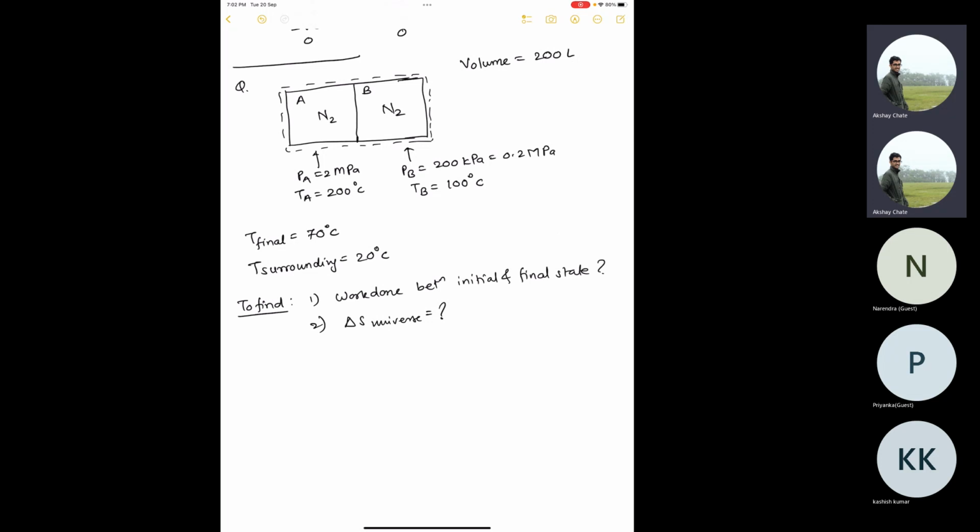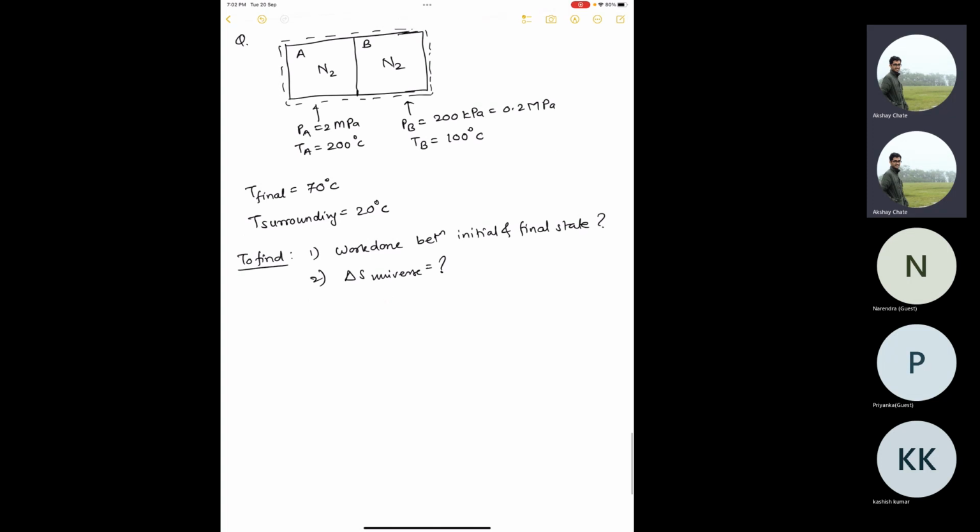You can try if you want, but essentially it will become 0, because for the whole system it is 0, right? So whatever complicated thing you do, it will become 0 in the end. This is again like a mixing of two gases case, but here you have numerical values. So anyway, the first part is 0.